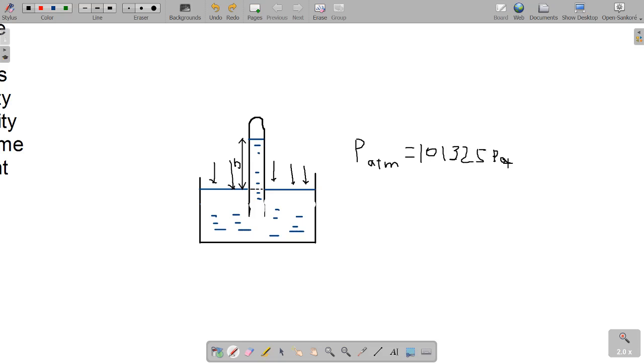Okay. Yeah, so you can basically say this is 1 ATM. And the thing is, right, let's say you bring this barometer up into a mountain, the water level will go down even further because the pressure has decreased.